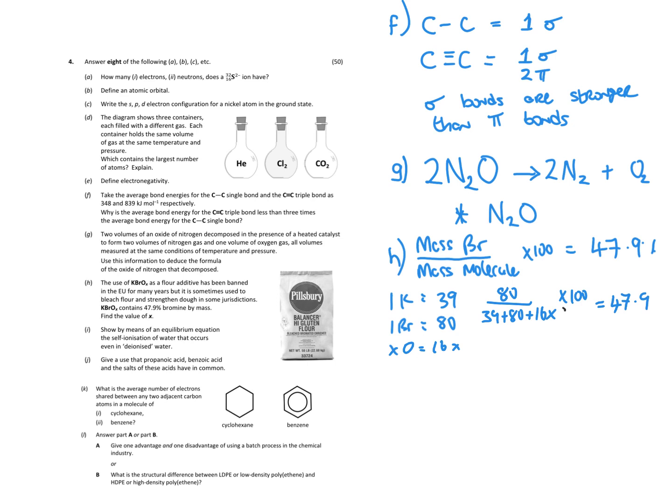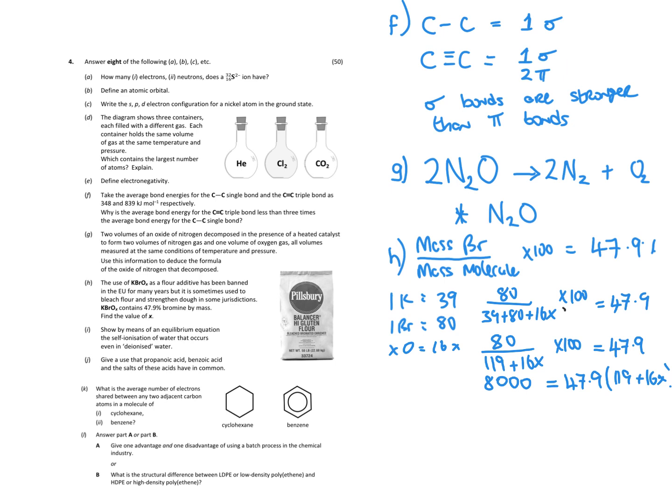So what we will get is 80 over 119 plus 16x. That will be multiplied by 100, and that's equal to 47.9. So I'm going to do all the multiplication and cross multiplying together. So that will give me 8,000, because the 80 by 100 is equal to 47.9 by 119 plus 16x.